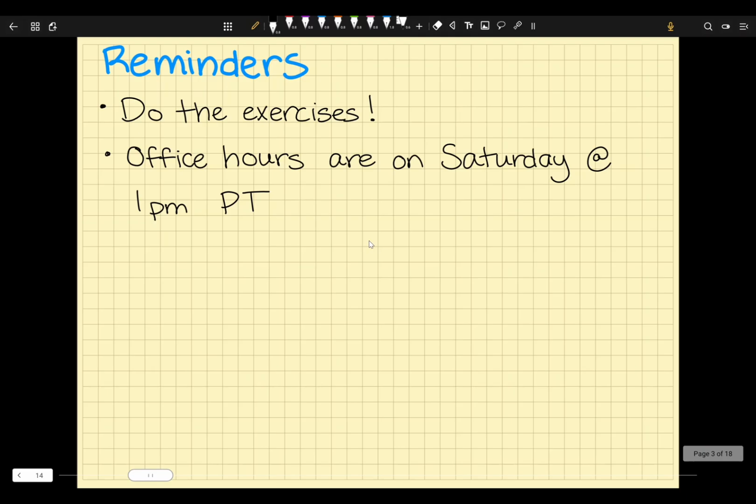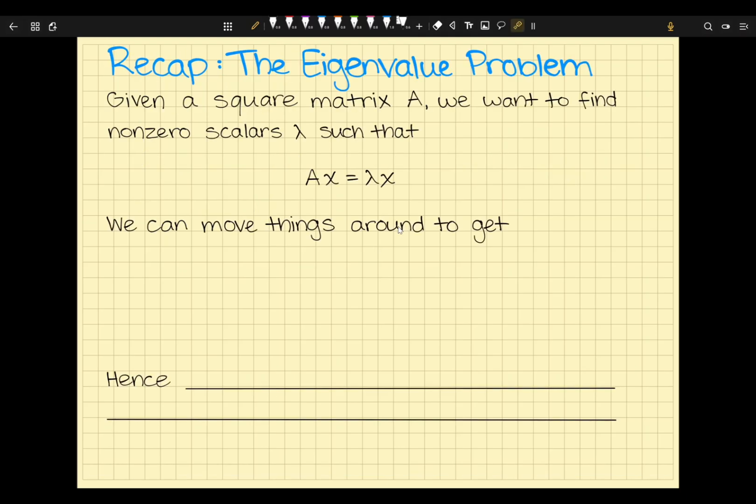All right, so a recap, we talked about the eigenvalue problem. And the eigenvalue problem is this. If you're given a square matrix, we want to find all of the non-zero scalars lambda such that Ax equals lambda x. This is a little hard to get your head around, I think.